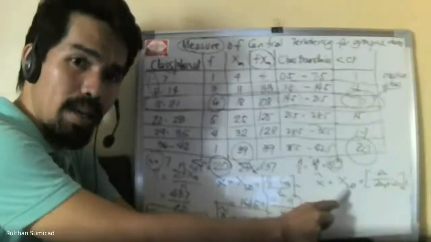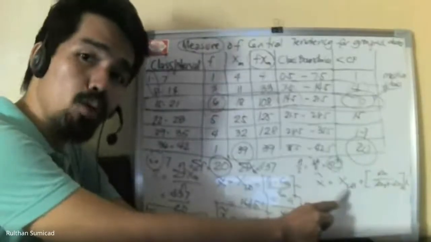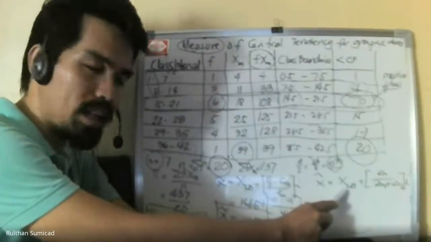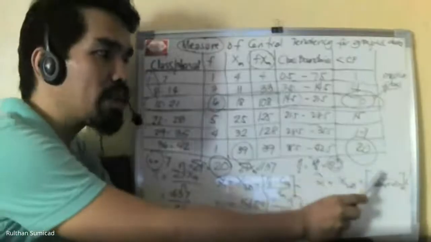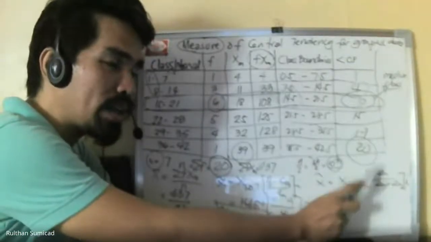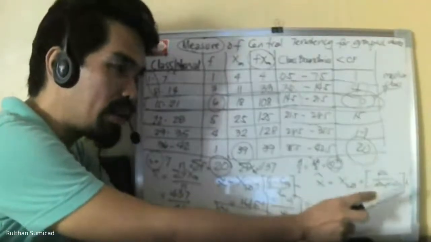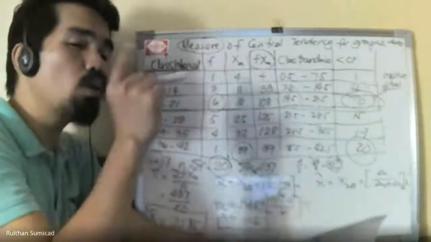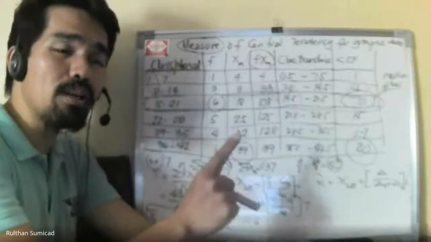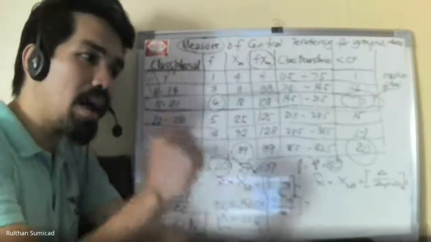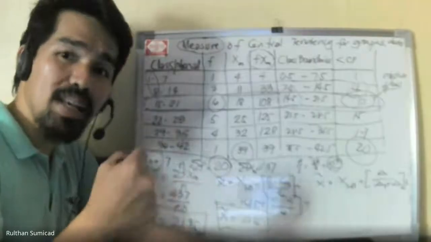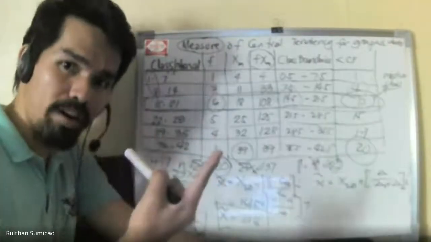X sub LB is your lower boundary of the modal class. So first you have to find the modal class. Next you have delta 1 or triangle 1. Delta 1 refers to the frequency of the modal class minus the frequency of the class preceding it, meaning before.